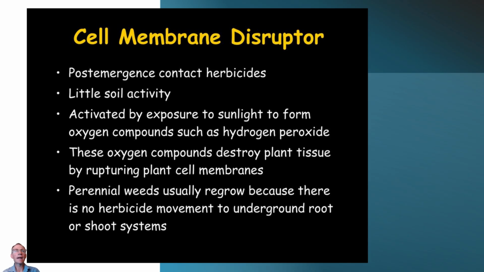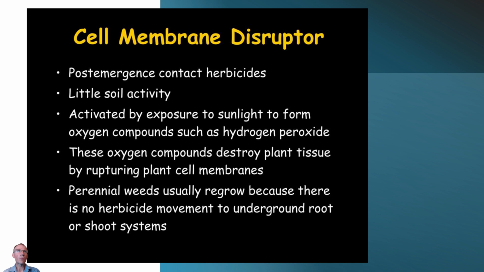Let's look at some facts of a cell membrane disruptor. Post-emergent, contact herbicides, little soil activity, activated by exposure to sunlight to form oxygen compounds such as hydrogen peroxide. These oxygen compounds destroy plant tissue by rupturing plant cell membranes.